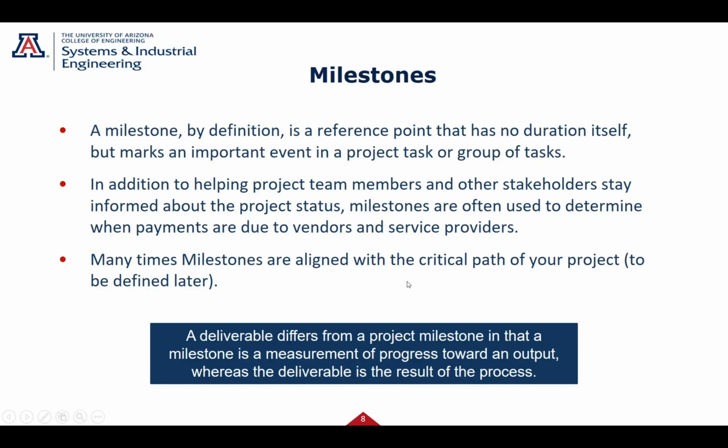Most milestones, most, not all, are aligned with the critical path. Now, we're going to talk critical path not until chapter 6, but basically the critical path is, just as it sounds, if you don't meet that path, your project's not going to come in on schedule. It's critical. So, but we'll get into that in more detail, but milestones are generally linked to that critical path. Okay?